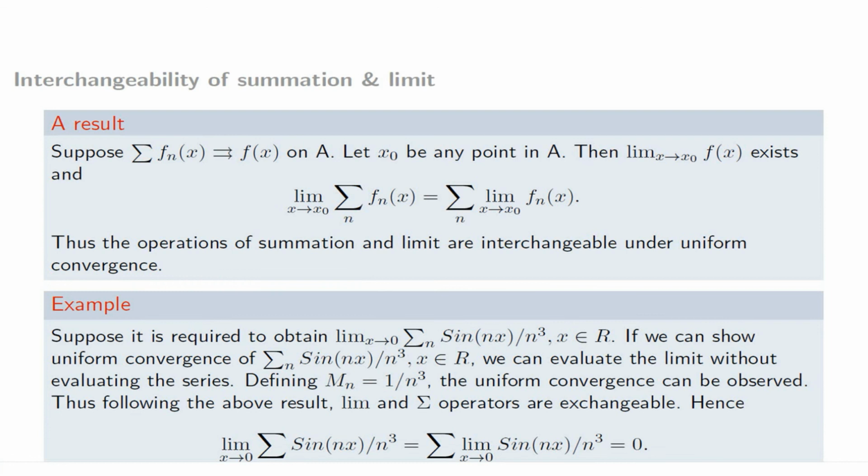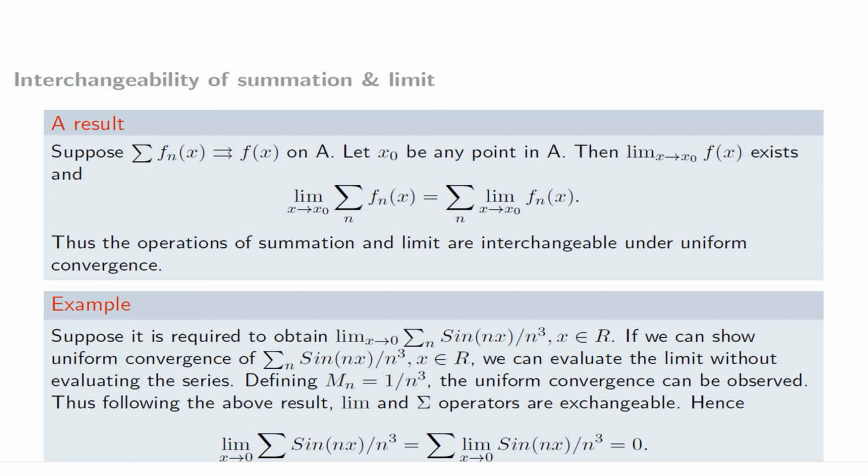In our next result, we shall discuss interchangeability of differentiation and limit. Consider a series of functions f n x for x belonging to the closed interval [a, b] such that the series with nth term f n x naught converges to f x naught for some x naught belonging to A, that is, here A is nothing but the closed interval [a, b].